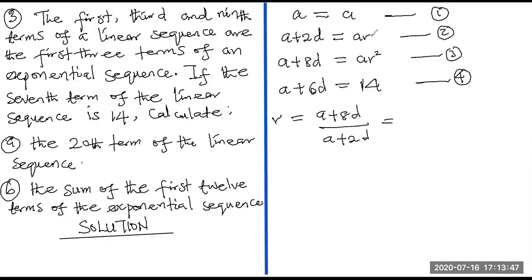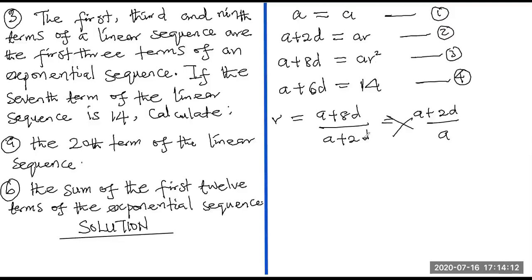The second term in the exponential divided by the first term, which is A plus 2D divided by A. Now we are dividing this way because the right hand side is exponential, but this exponential is the same thing as this, so instead of putting this, I put that. That is what is happening here.